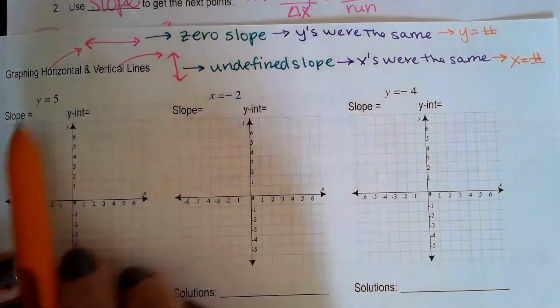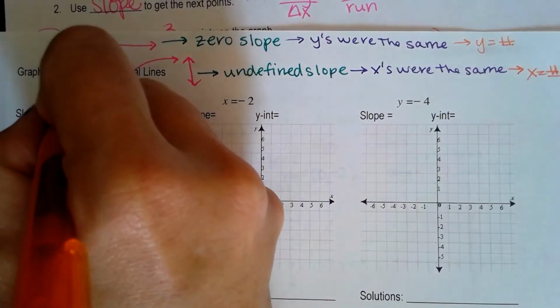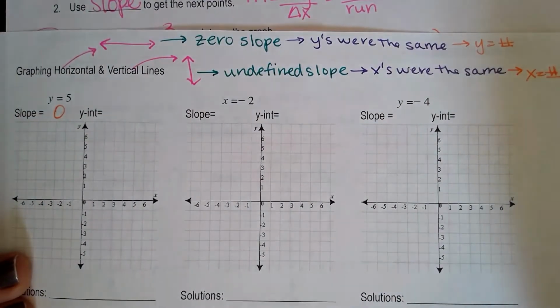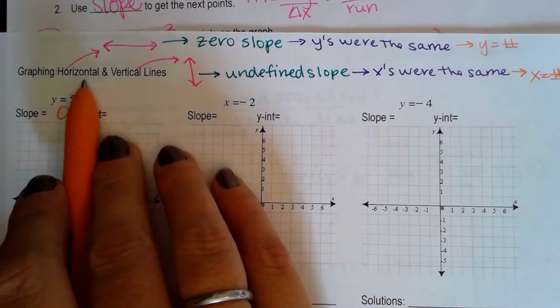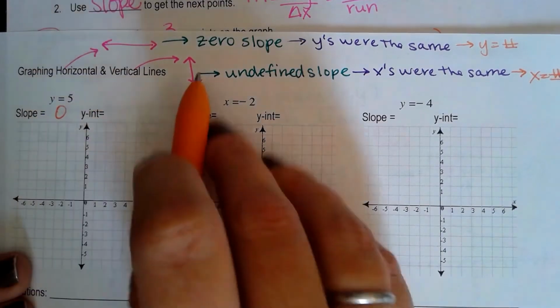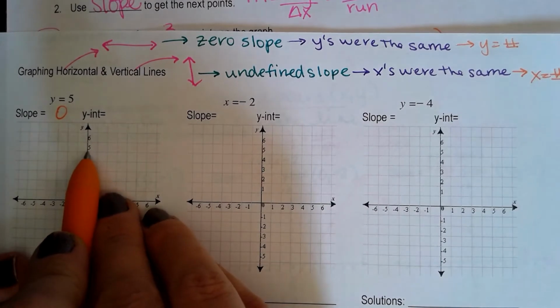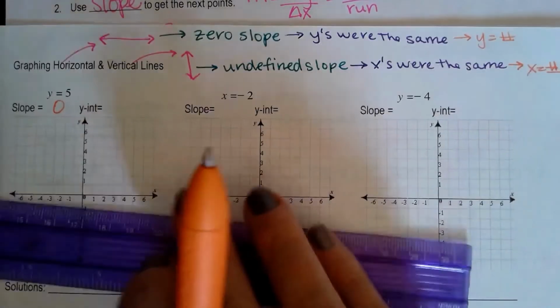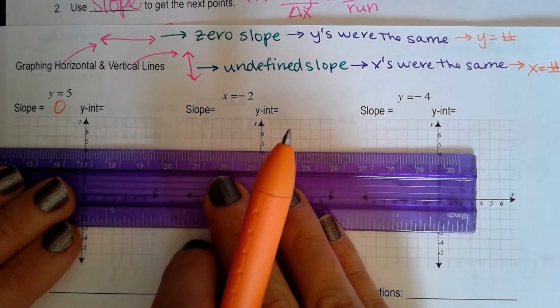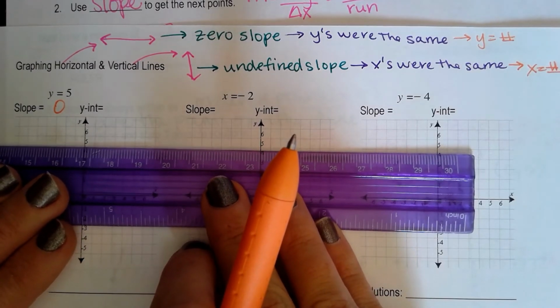That means that the slope has to be 0. Also means it's a horizontal line. So all you have to do is go up to where y is 5, 1, 2, 3, 4, 5, and draw a horizontal line.